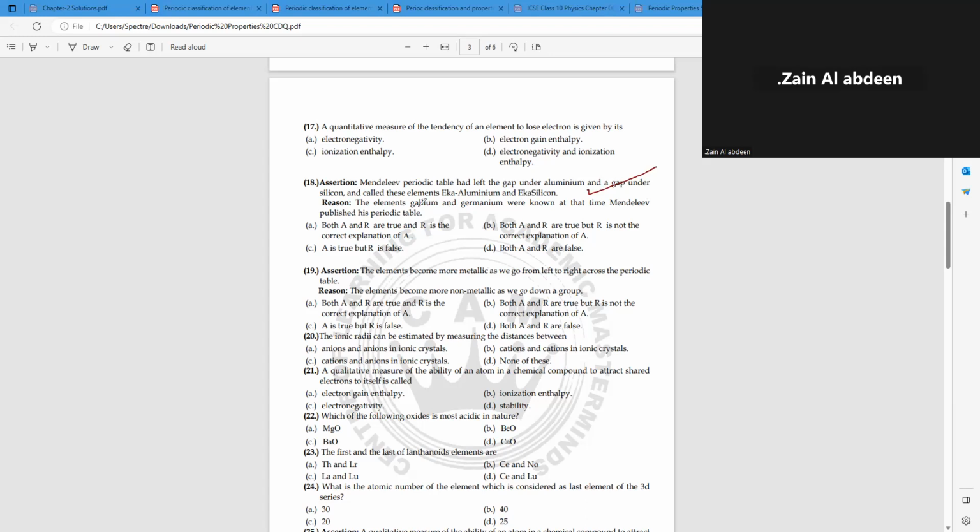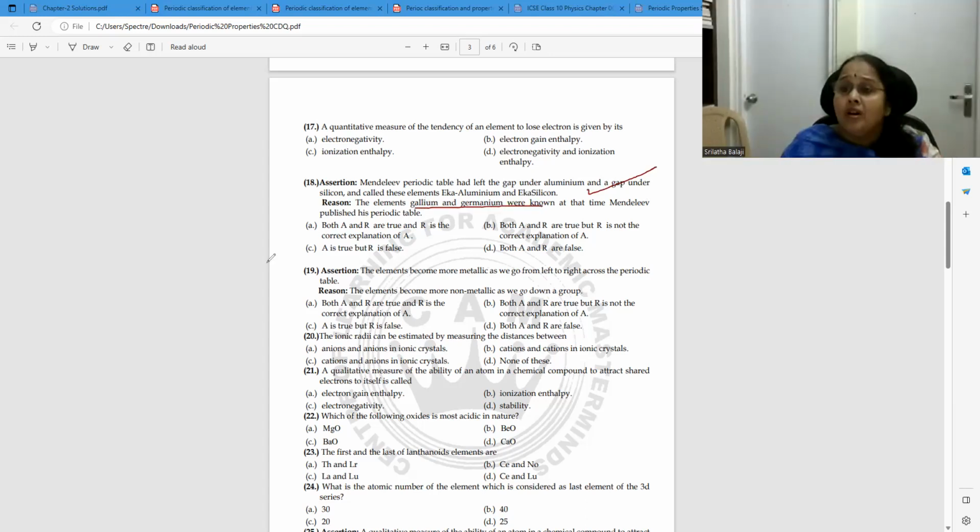Were they present at the time when Mendeleev published this periodic table? No. Had they been existing, he would have directly written them, right? Because they were not existing, he left gaps in those spaces and named them Eka aluminium. Later, after discovery, they were replaced.